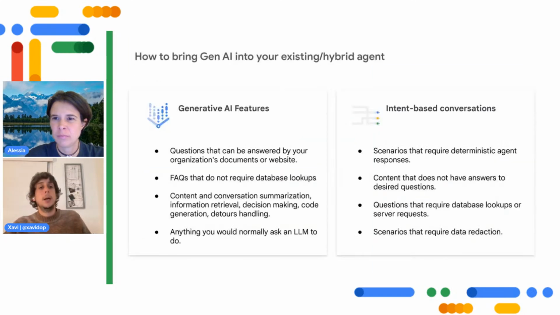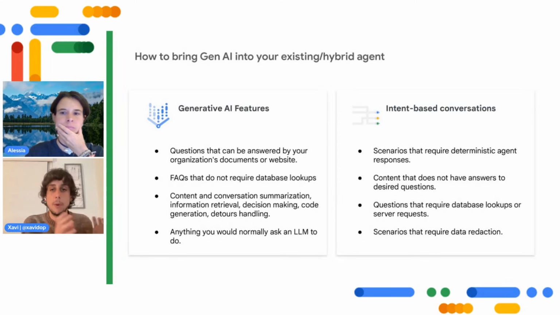And what happens with the existing or hybrid agents? This is something that probably most of you are asking: how can I introduce generative AI features, or how can I choose generative AI for my assistants? What happens with classic Dialogflow CX with intent-based conversation?